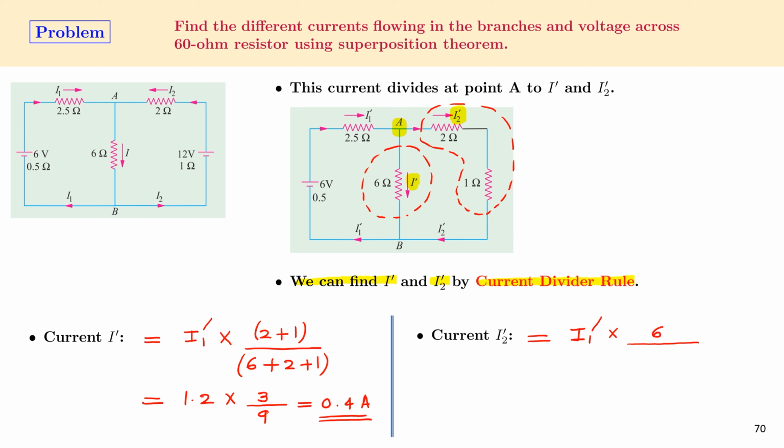The total resistance in the loop is 6 plus 2 plus 1, which gives 1.2 multiplied by 6 divided by 9, and that is equal to 0.8 amps. That is, we have found out the various currents in the circuit which consists only of the 6 volt power supply. Now we have to perform the same procedure with a circuit consisting only of the 12 volt power supply.